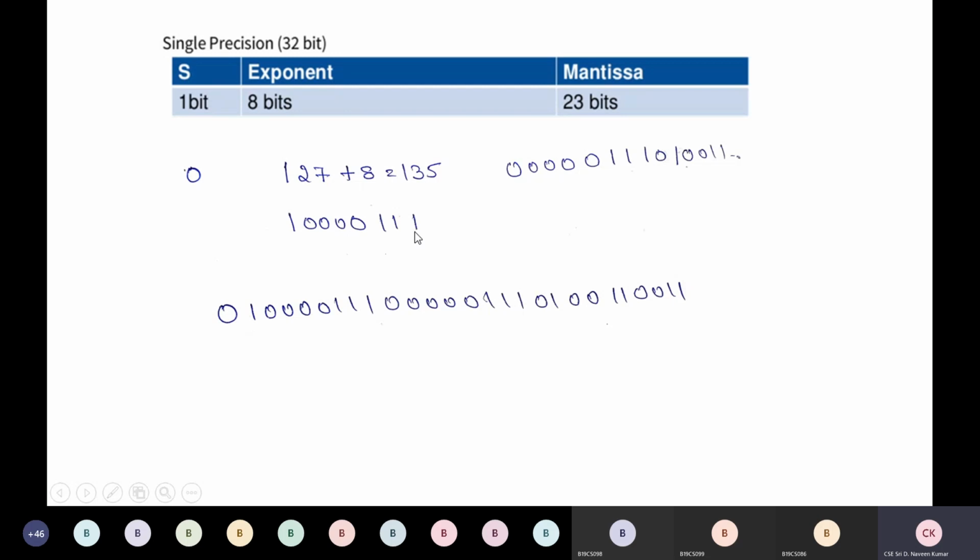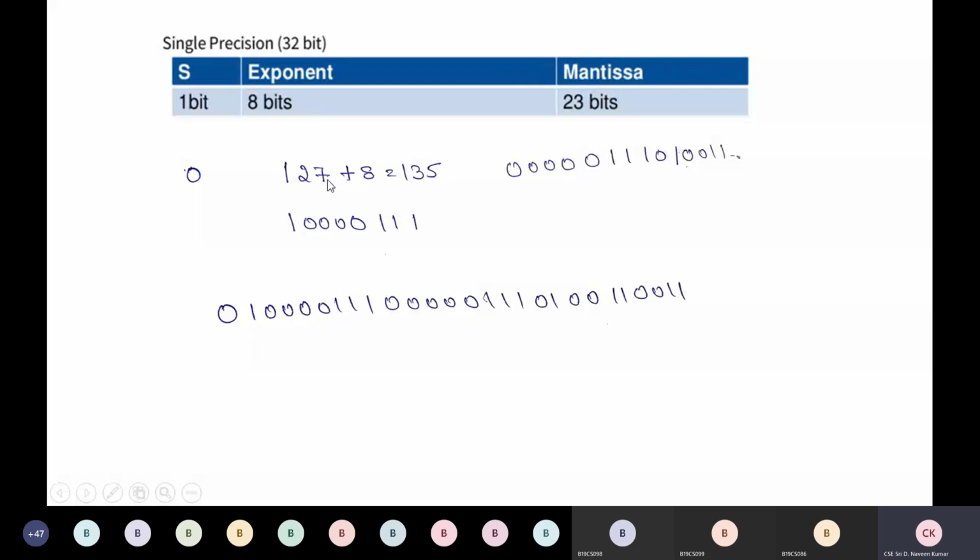This is 10000111, which is 135, because 2 to the power of 7 is 128, and the three ones make 7. 128 plus 7 is 135.